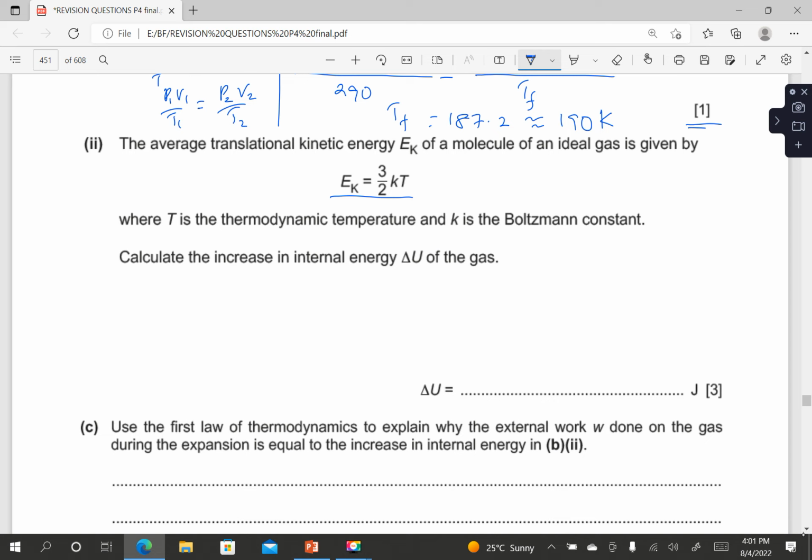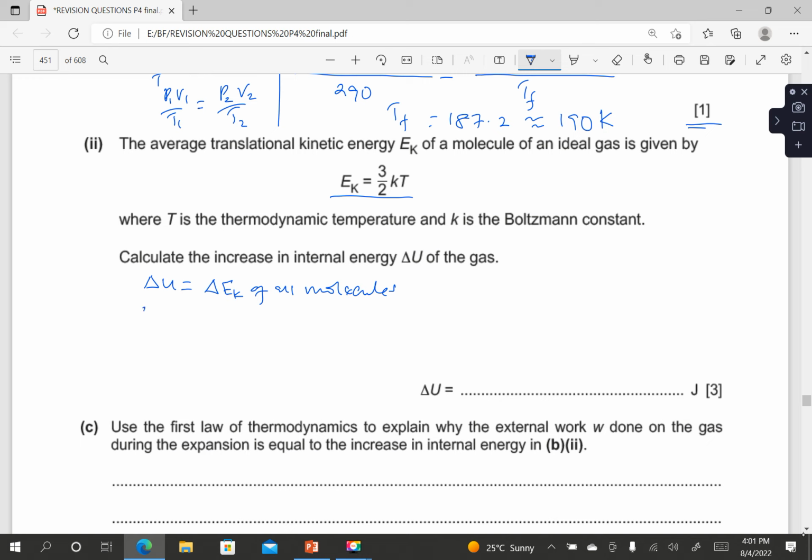For one molecule, the increase will be EK equals 3 over 2 k times the change in temperature. Remember, internal energy depends on the total kinetic energy of the molecules, so the increase in internal energy will be equal to the increase in the kinetic energy of all the molecules.